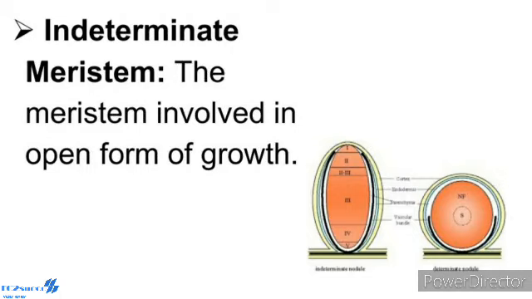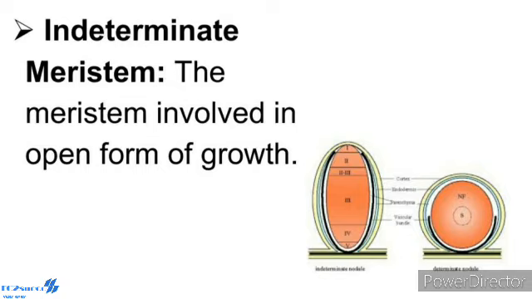Next one, indeterminate meristem, the meristem involved in open form of growth. Plant growth is generally indeterminate. In plants, growth occurs by cell division and cell enlargement. Plants retain the capacity for unlimited growth throughout their life. This ability is due to the presence of meristem at certain locations in their body. The cells of such meristem have the capacity to divide and self-perpetuate.